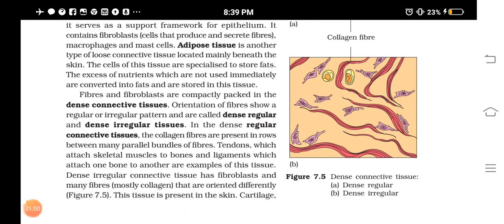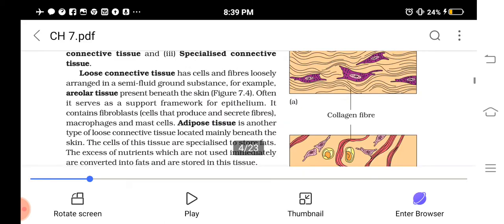So the second type of connective tissue is dense connective tissue. Dense connective tissue means fibers and fibroblasts will be compactly packed. And if the orientation of these fibers is regular, then we call it dense regular tissue. And if it is irregularly arranged, you can see the diagram here.